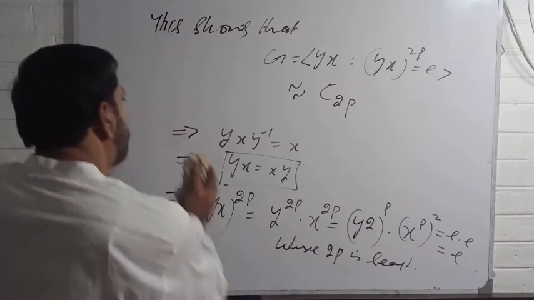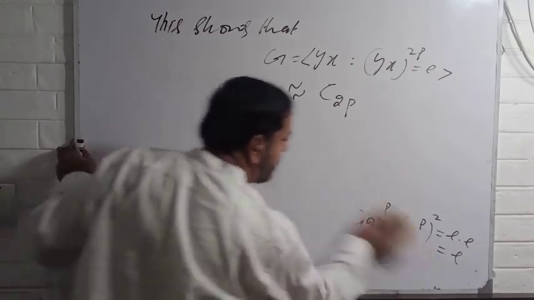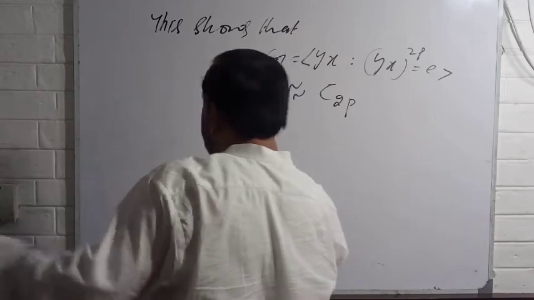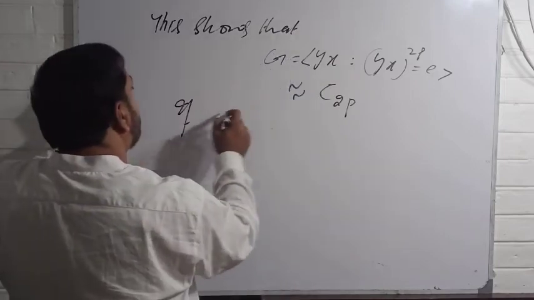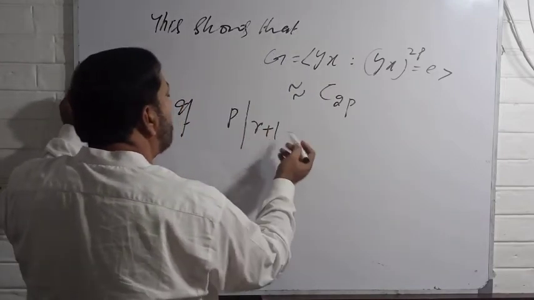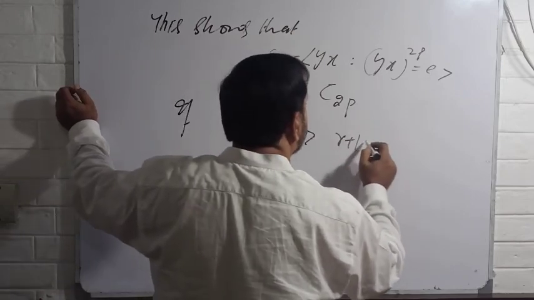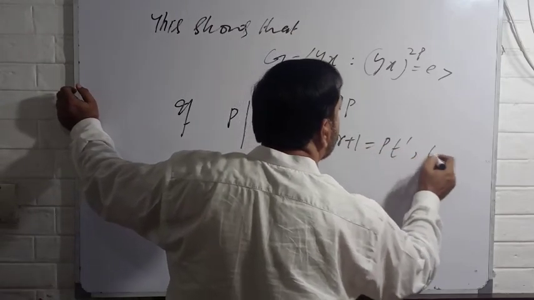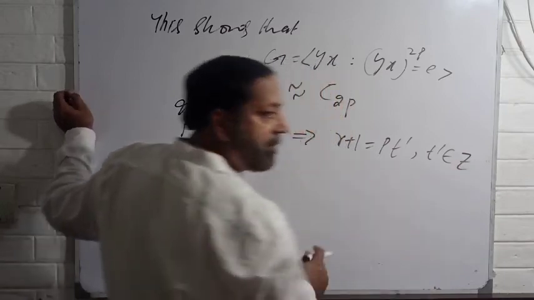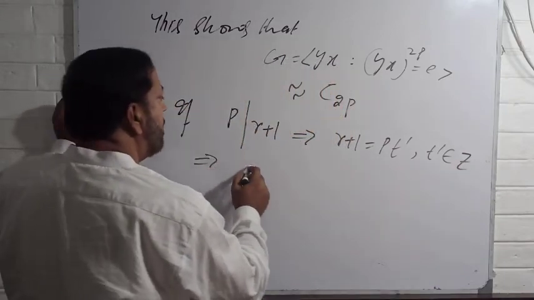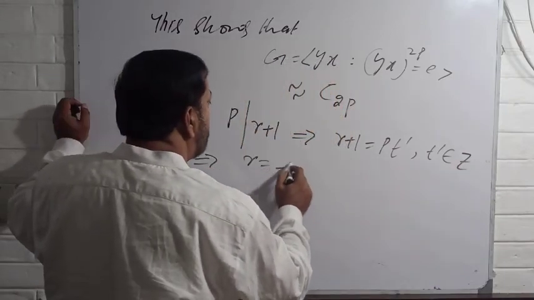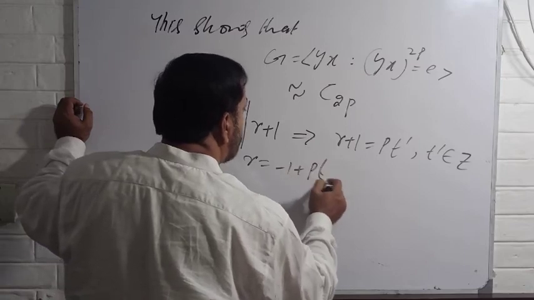The second case is if p divides r plus 1, so r plus 1 is equal to pt', where t' belongs to Z. So this implies r is equal to minus 1 plus pt'.